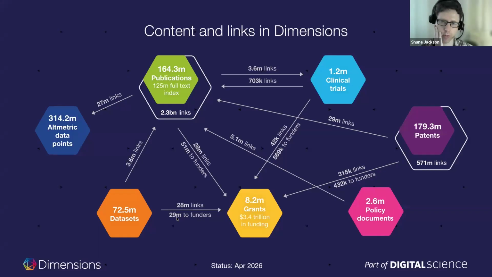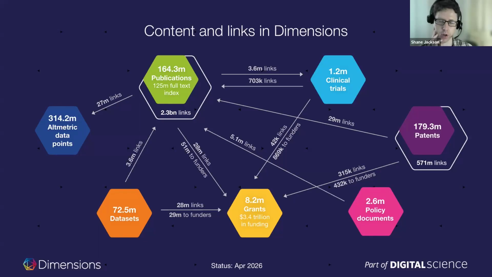Just to build on this linking activity, so you can see here the scope of what's in Dimensions. This is from a few weeks ago, so the numbers will have ticked up slightly in the intervening period. But you can see we have over 160 million publications, the best part of more than 70 million datasets, the best part of 200 million patents.